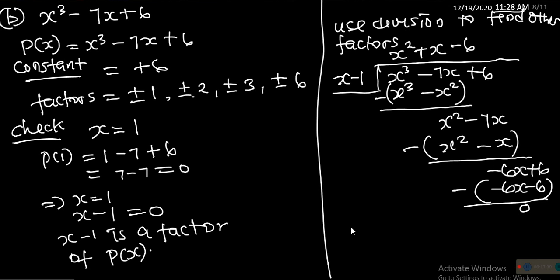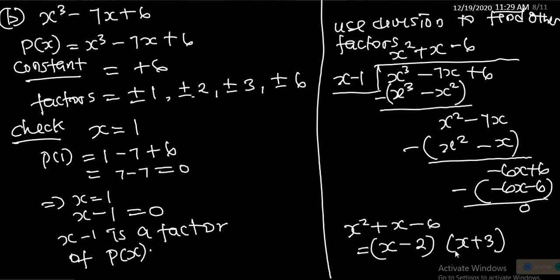And then if we factorize x squared plus x minus 6, it will give us x minus 2 and x plus 3 as the factors of that. So in summary, we can now write the polynomial expression.